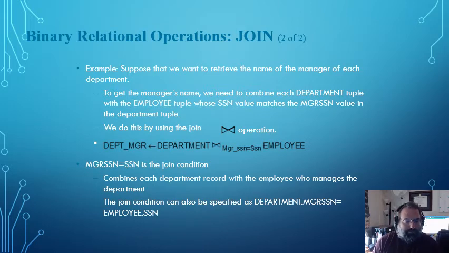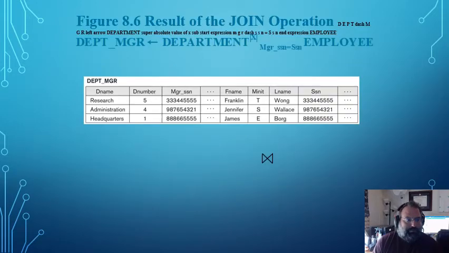Manager SSN equals SSN is the join condition, which combines each department record with the employee who manages the department. The join condition can also be specified as department.manager_SSN equals employee.SSN, which is a little more expressive and perhaps more valid. Figure 8.6 is a result of the join operator.